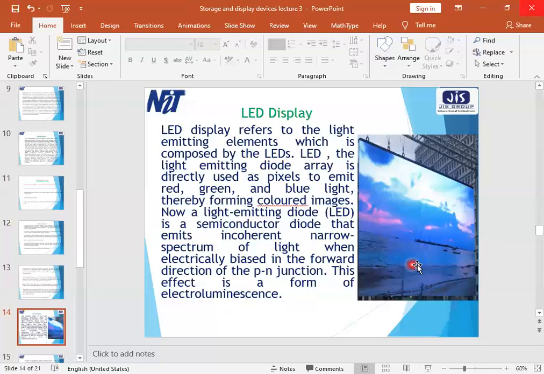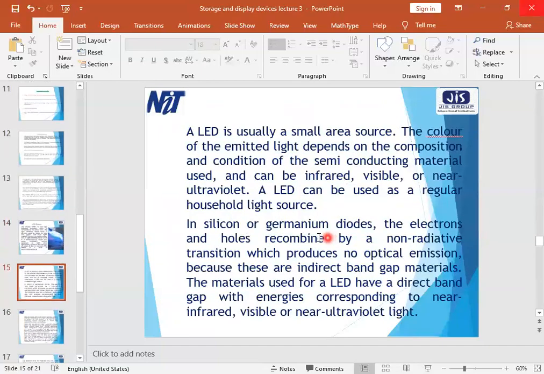Now, this is a picture of an LED display. An LED is usually a small area source. The color of the emitted light depends on the composition and condition of the semiconducting material used and can be infrared, visible, or near ultraviolet. An LED can be used as a regular household light source.